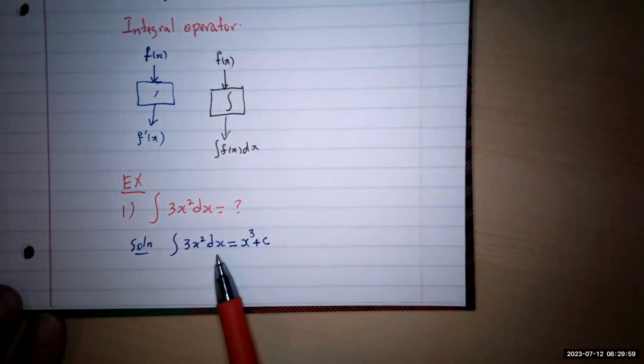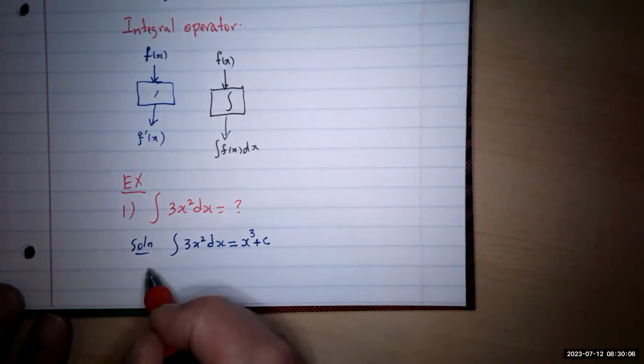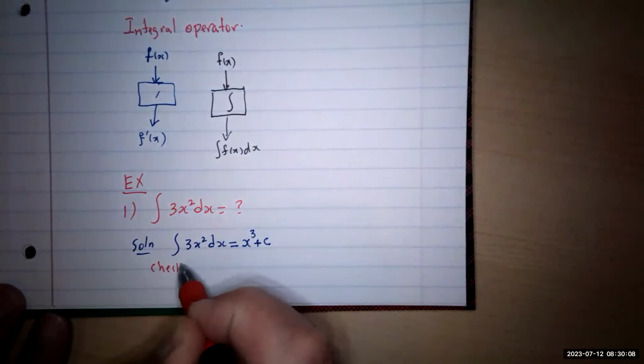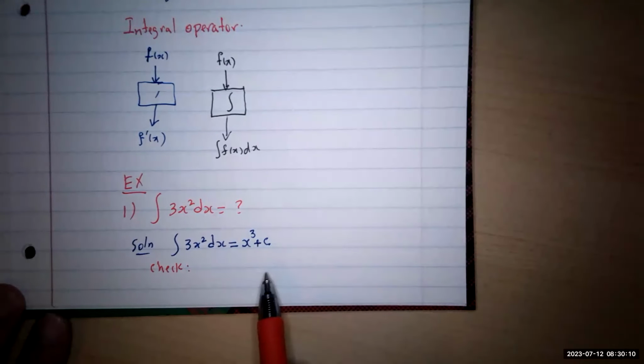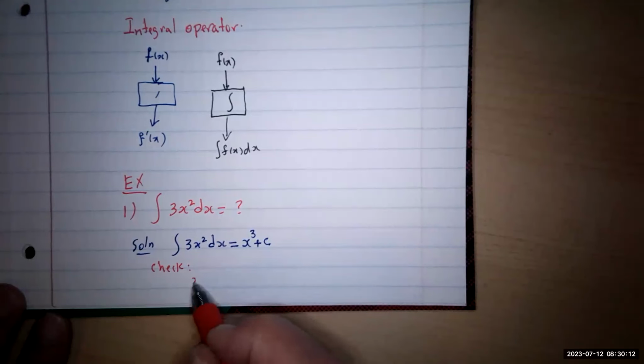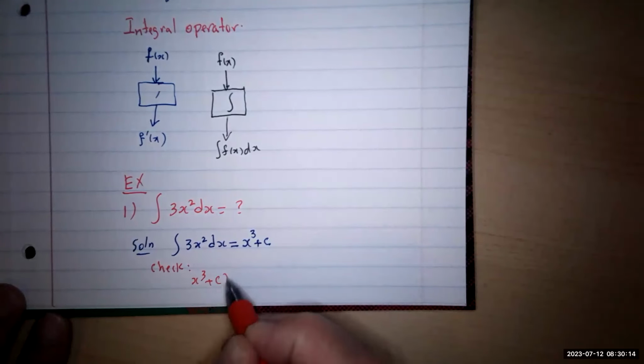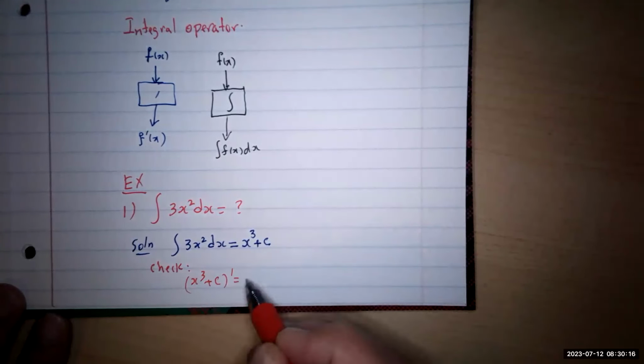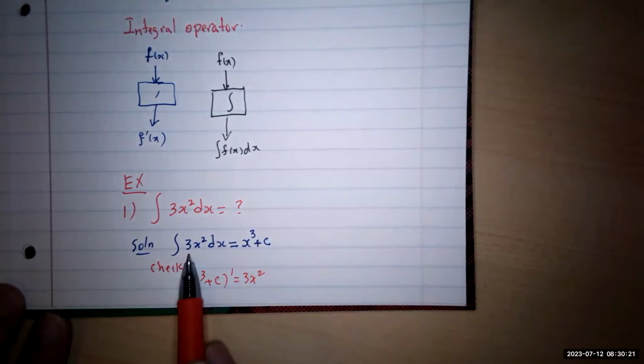If you want to check it, the way of checking is to differentiate. If you differentiate x cubed plus c, that gives you 3x squared, which is exactly this one.